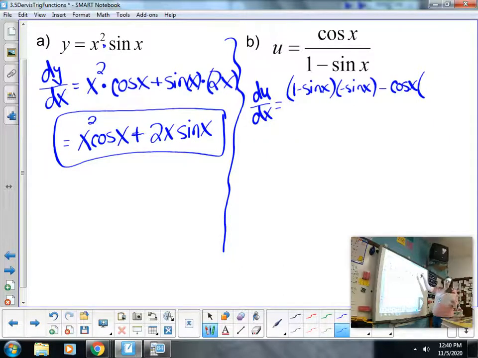Well, the derivative of the 1 is a 0, so I'm actually going to leave that out. So I'm looking at the derivative of negative sine of x. The derivative of sine of x would be cosine, so since it's the derivative of negative sine, that's going to be a negative cosine.